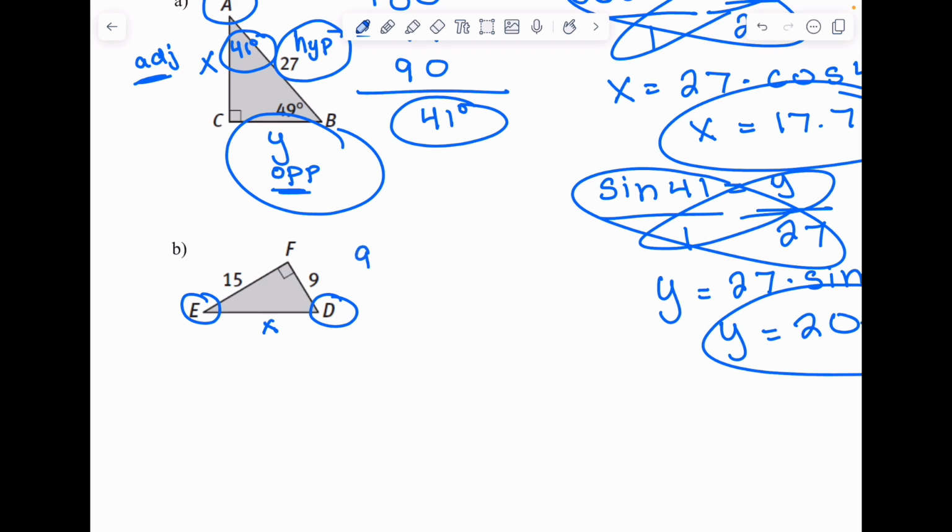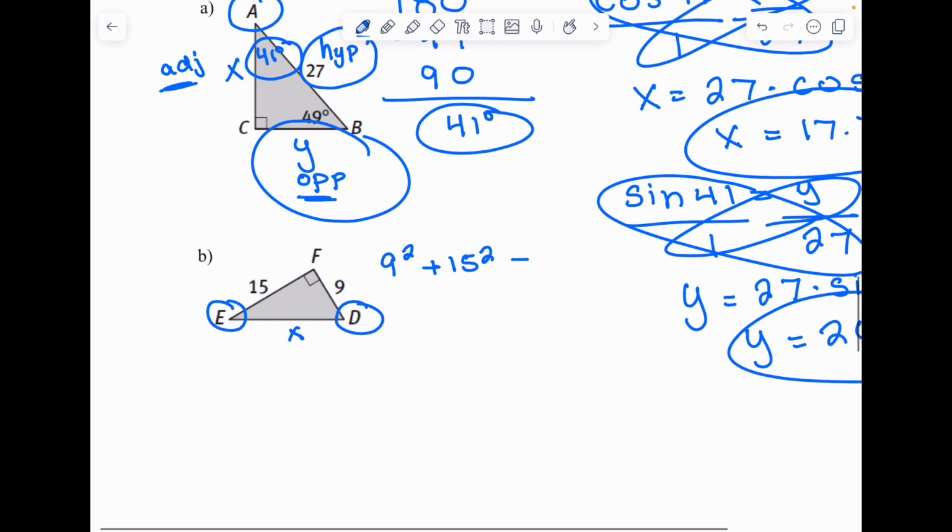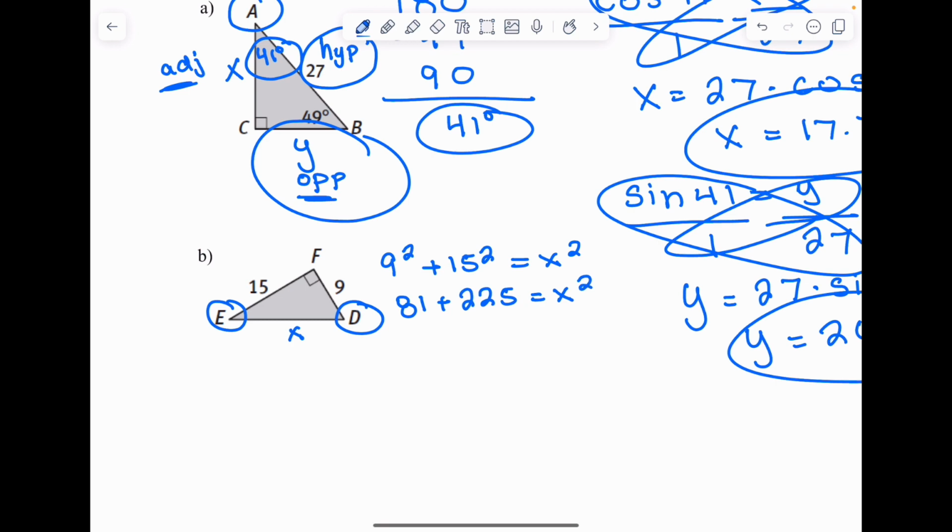So I can say 9 squared plus 15 squared equals x squared. 9 squared is 81, 15 squared is 225, and that equals x squared. Together that makes 306. And then in order to get rid of that square, I need to square root both sides.